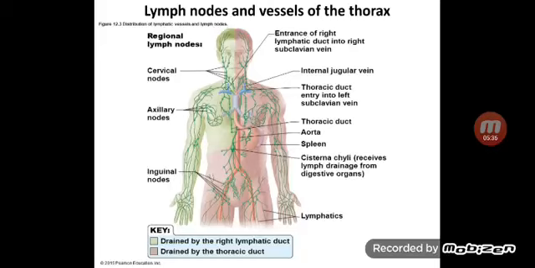And the lymphatics, for sure, go to the thoracic duct on the left side and the bronchomediastinal trunk on the right side. This is their end.